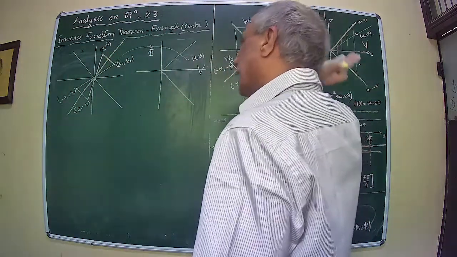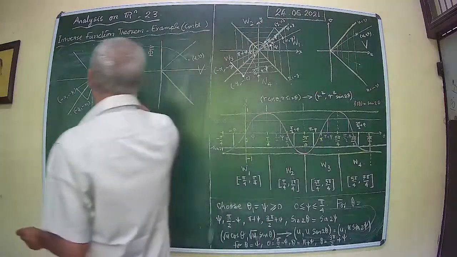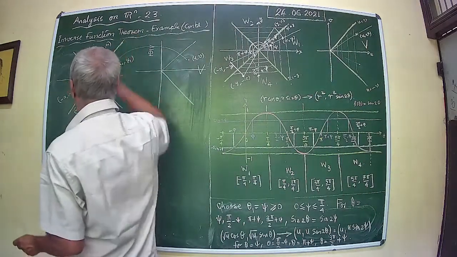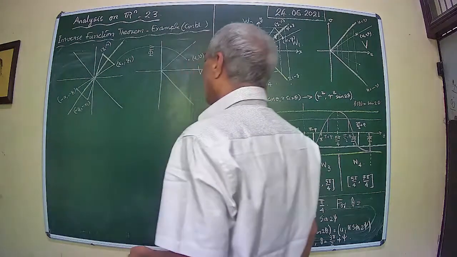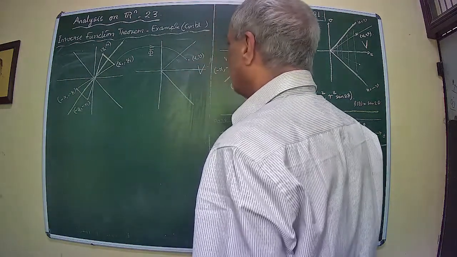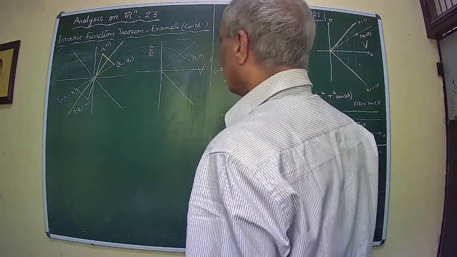So you have the corresponding uniquely determined point. Okay, so this reflection about the xy plane is a one-to-one map from where to where?